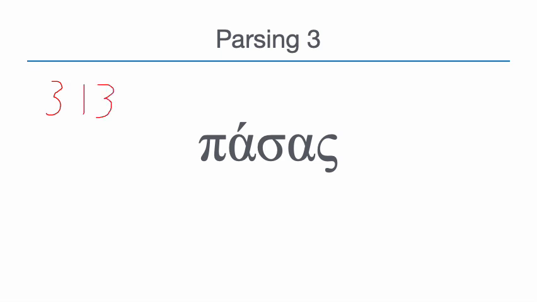Okay, a 3-1-3 pattern. So then in the masculine and neuter, you would have pas, pantos, panti, panta, pantes, on through. And then in the dative plural, you would have pasin.